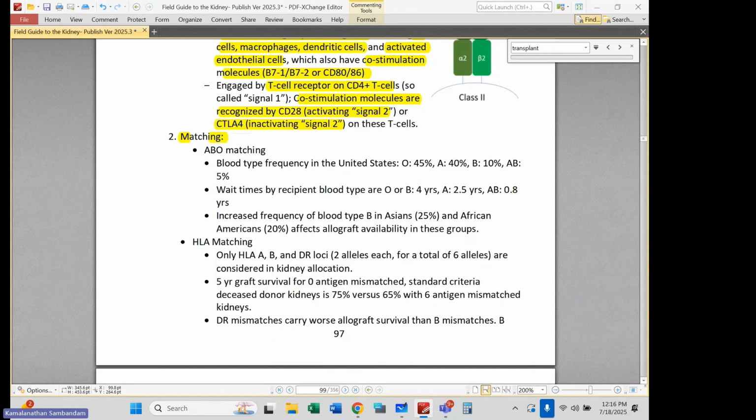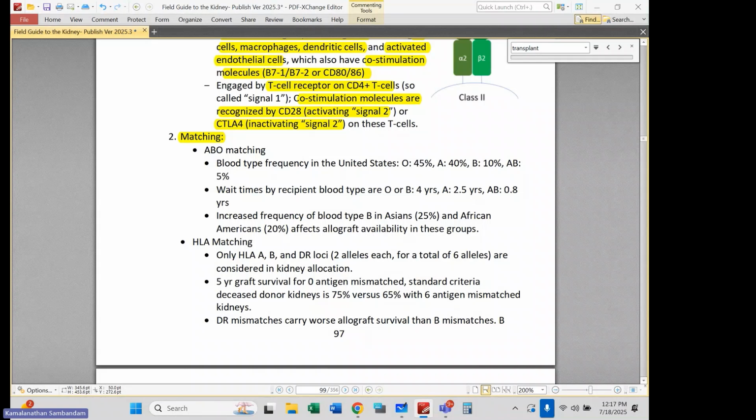Those are some of the basic immunology that you should know that will help you make sense of things like the cross match, or how does belatacept work? How do other immunotherapy tools work in transplantation?